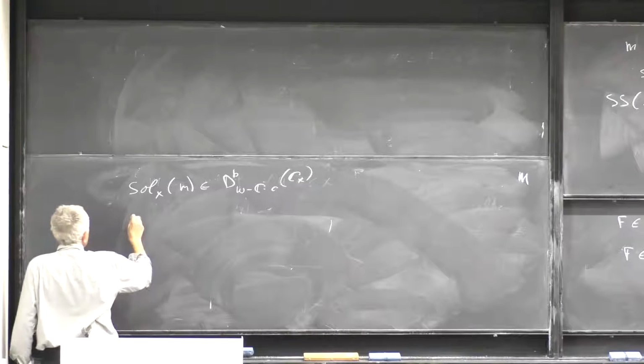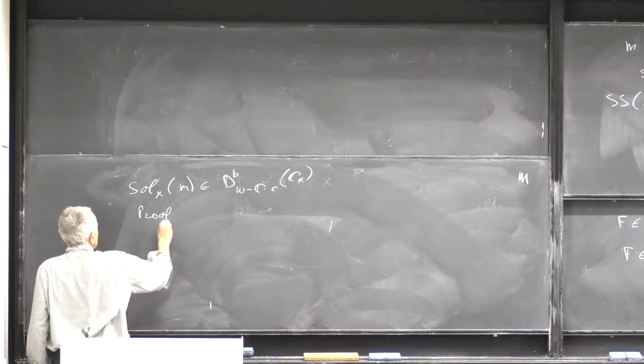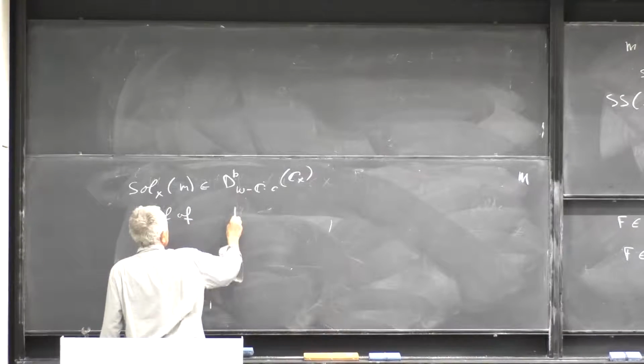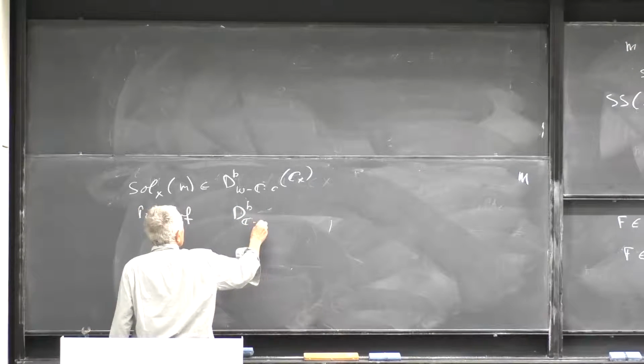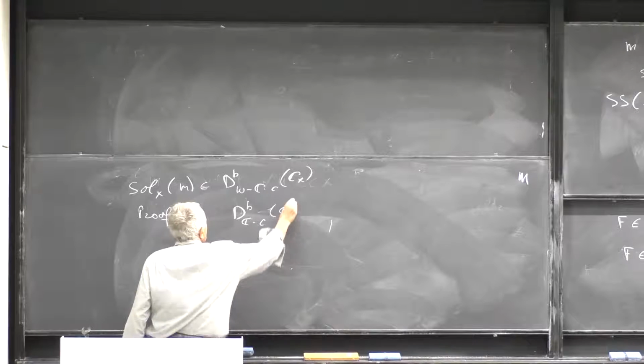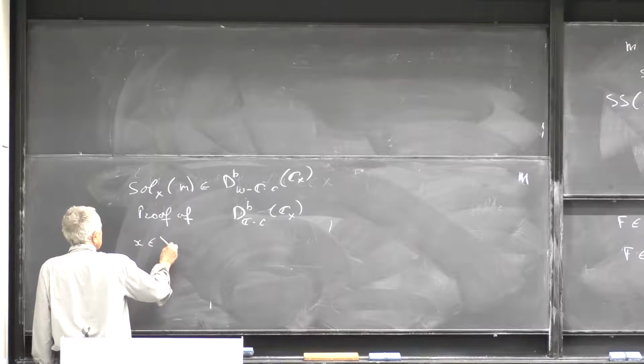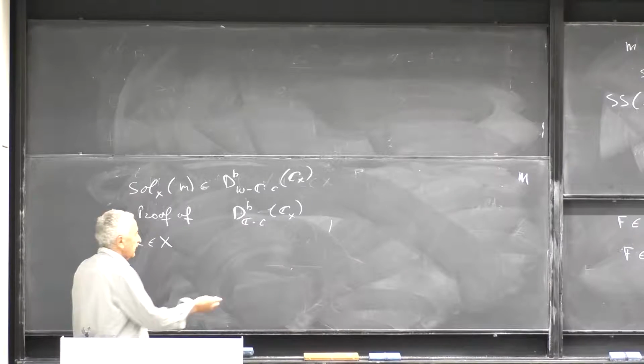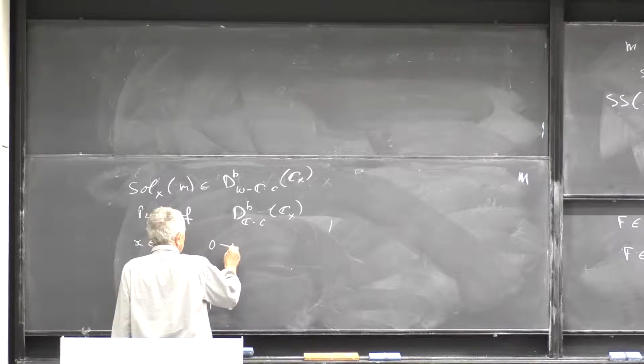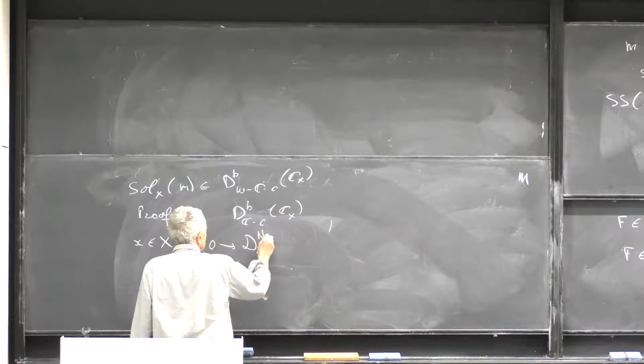And let us prove that it is not weakly, but really constructible. Okay? So I choose x in X. On M, I can represent it by a bounded complex.